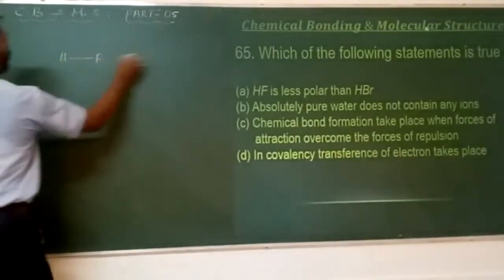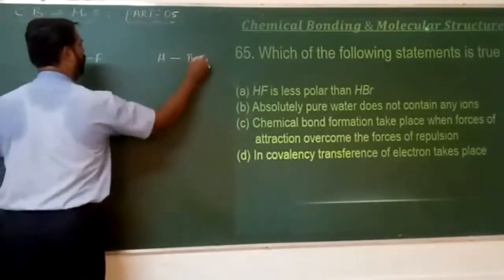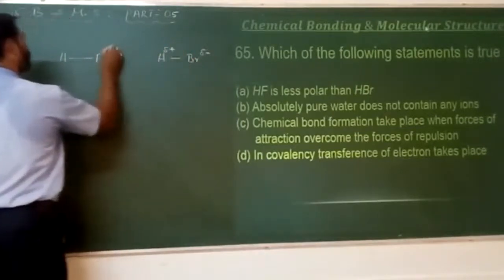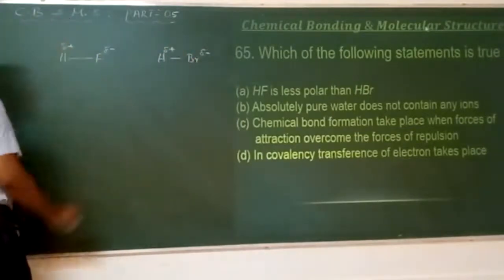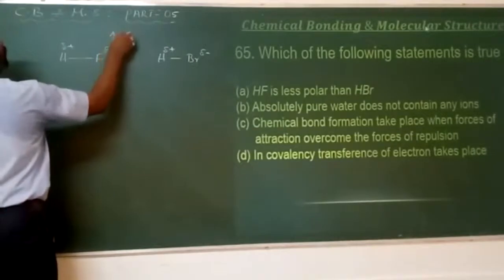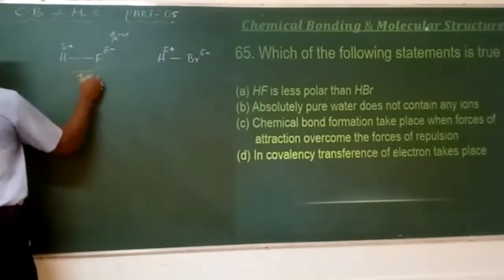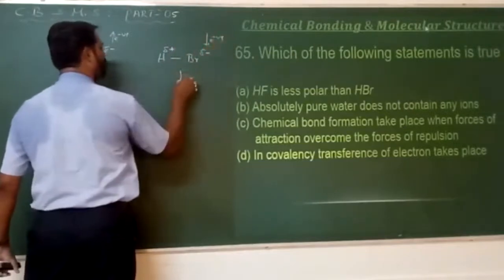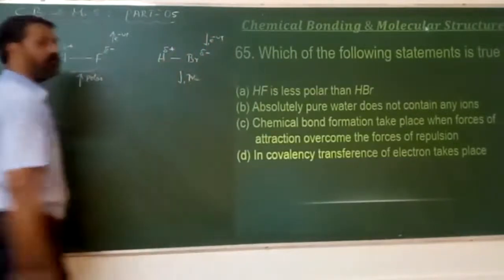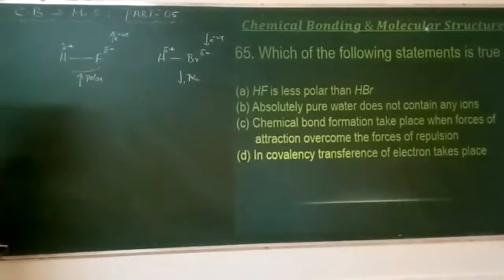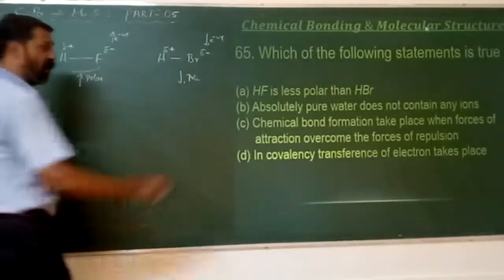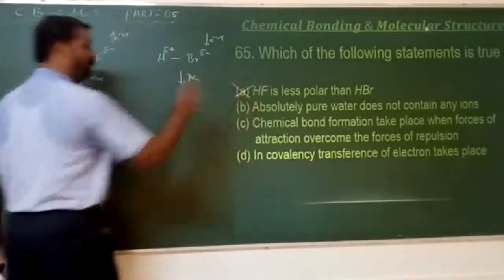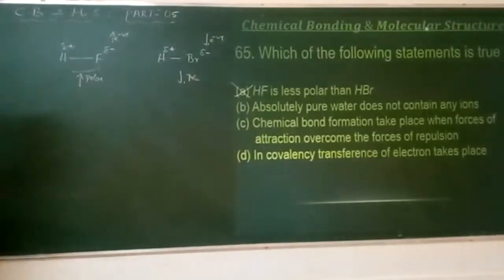HF, HBr: partial negative, partial positive. So the higher the electronegativity, the more the polarity. The lesser the electronegativity, the lesser the polarity. Therefore, is HF more polar or less polar? Sorry, more polar, so less polar is the wrong option.